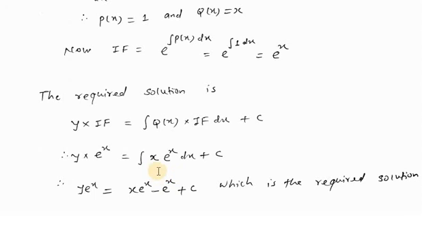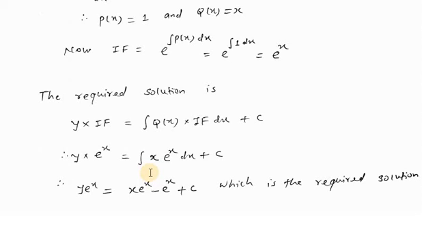Now you have to find out the integration of x e raised to x dx. You can apply the formula of Bernoulli or the formula of integrating by parts. If you integrate x e raised to x with respect to x, you will get x e raised to x minus e raised to x.